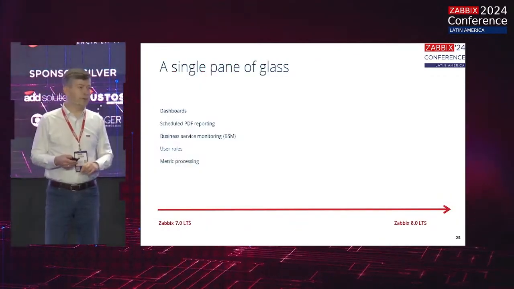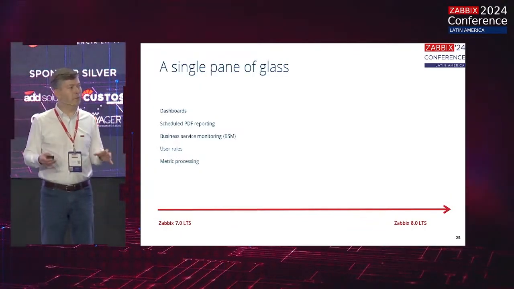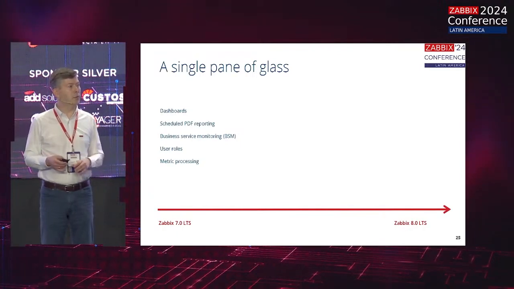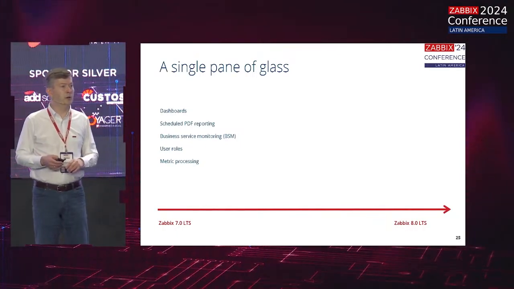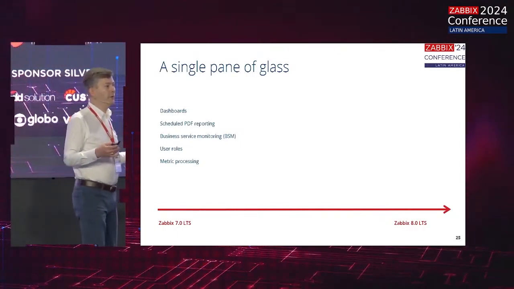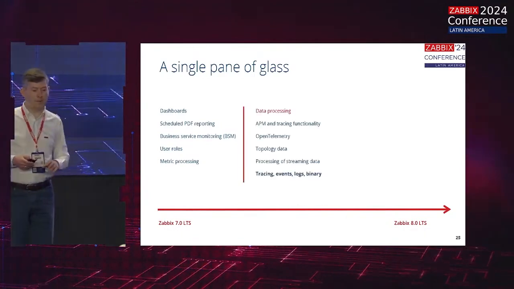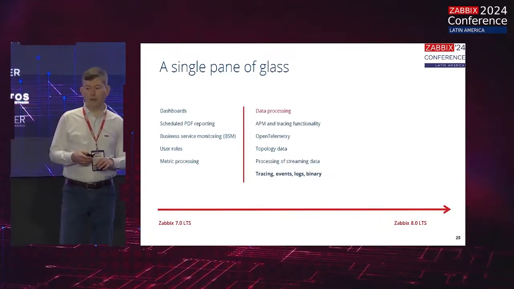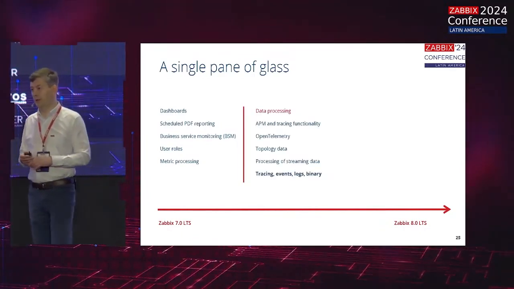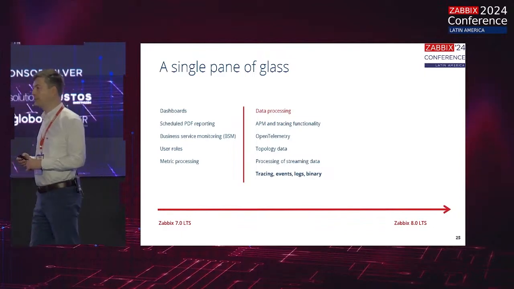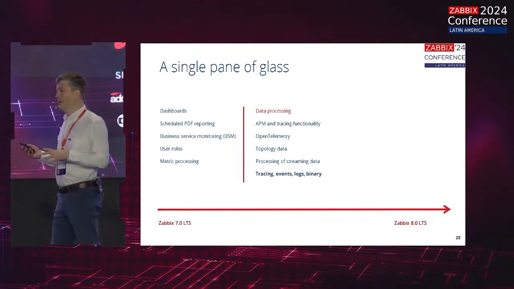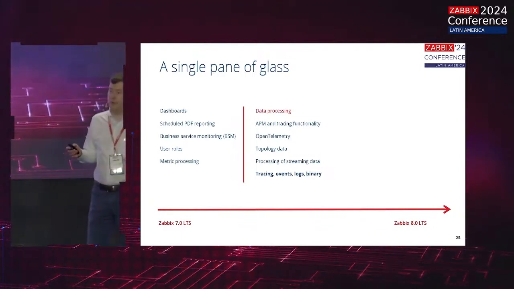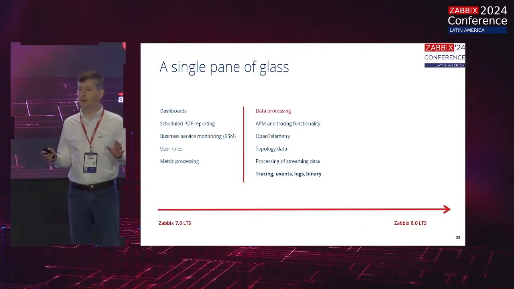So, thinking about the future, the single pane of glass: what is it all about and what can be improved? Of course, there are many things that can be improved in Zabbix, and one thing is related to data processing. At this moment, Zabbix is a great tool, I think, to work with metric data.